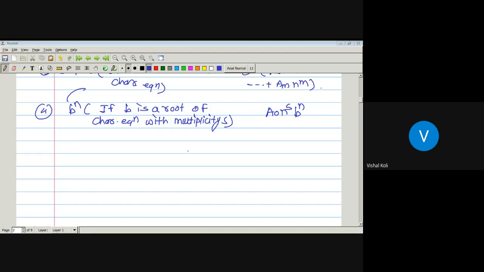Okay. Now, fifth one, c raised to n into p of n. Again, here we have to suppose that this c is a root of the characteristic equation with some multiplicity t.